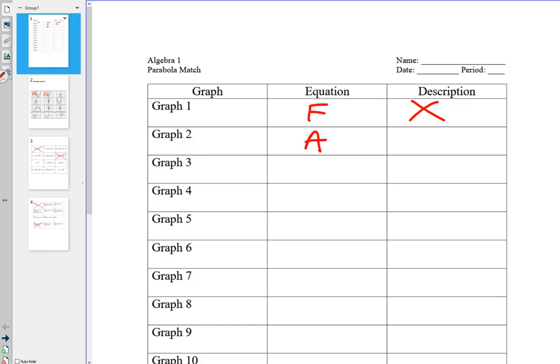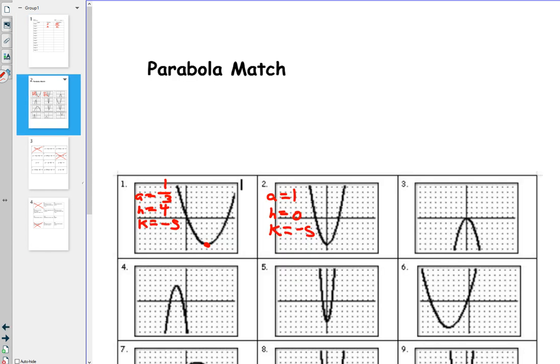So A, and then let's see what the numerals. Okay, graph 3. It looks like the A could be like a -1, but we don't know for sure, but we at least know it's negative. And it looks like H and K are the origin, 0, 0.